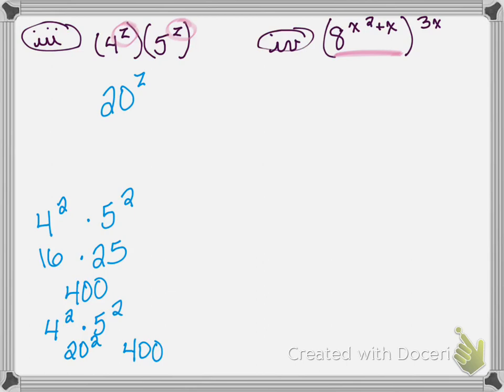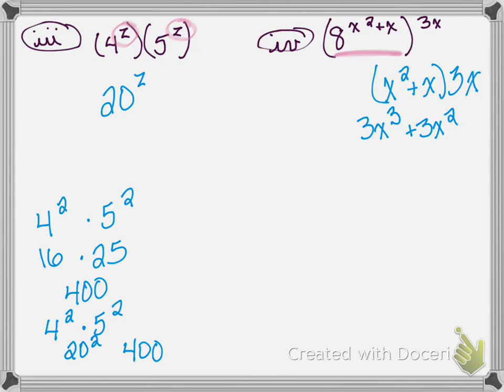Okay? So I have x squared plus x times 3x, and we're going to have to distribute that 3x. So I have x squared times 3x, that's going to be 3x to the 3rd, and then I have 3x times x, which is going to be 3x squared. And so that is my exponent.